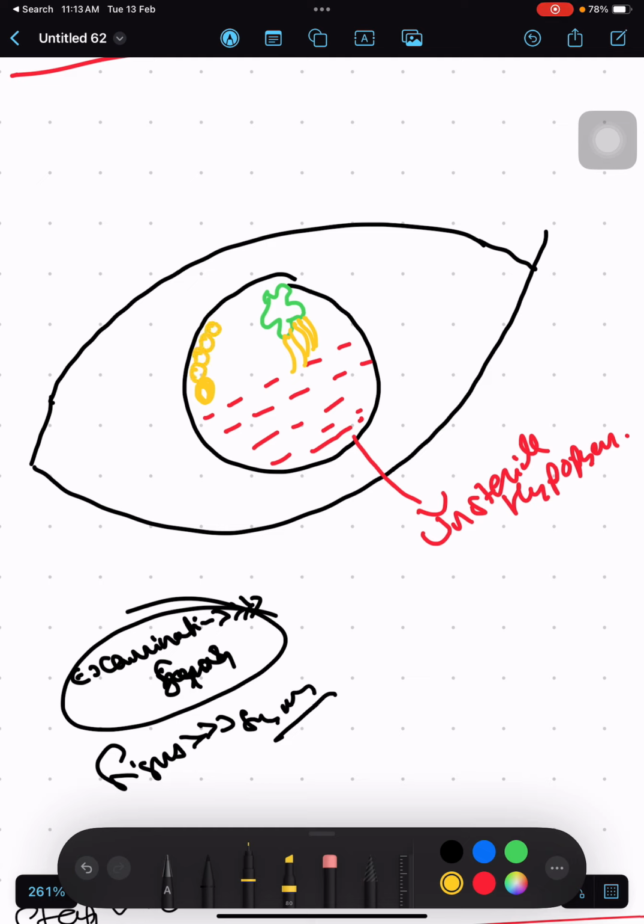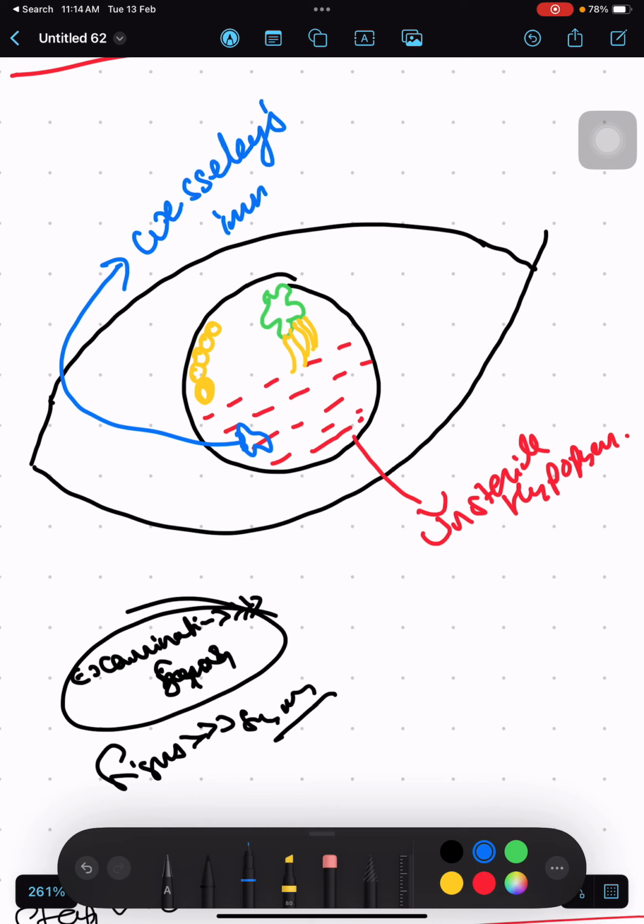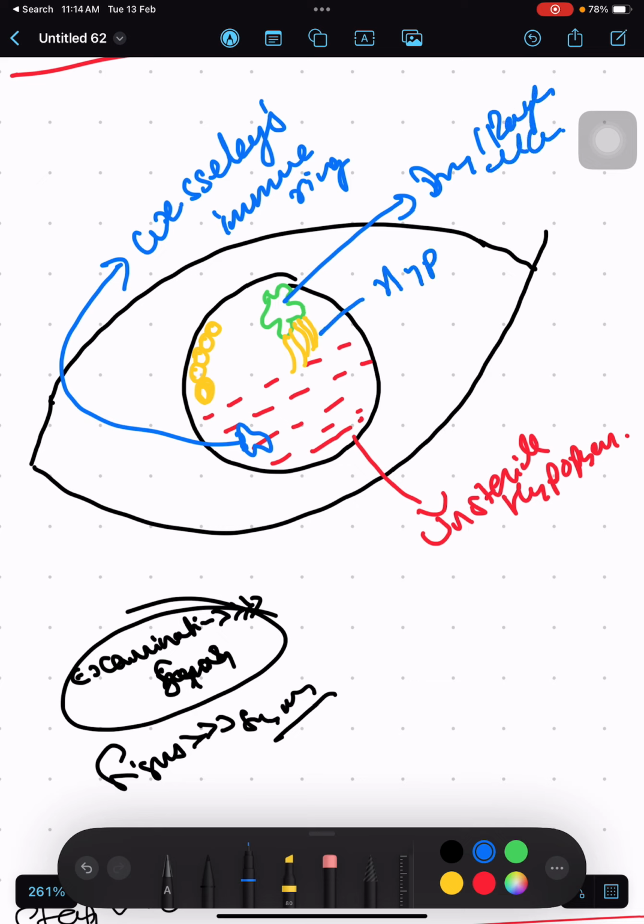Okay, and Wessely's immune ring. So there's this immune ring which is known as Wessely's immune ring. What is this? This is a dry or rough ulcer. This is the hyphae. Dry, rough ulcers, unsterile hypopyon.